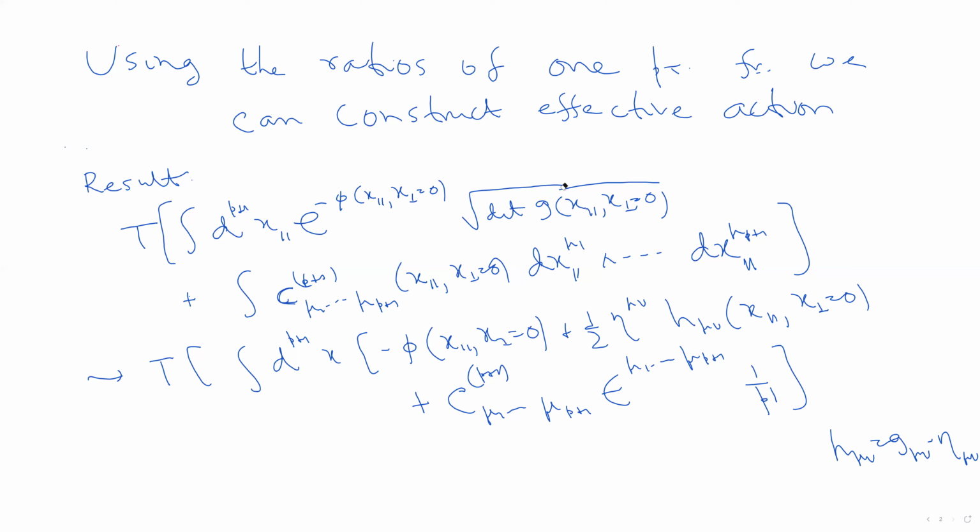Because if you just expand this out, one part of course is just a standard constant. But you will get a minus phi and then half h mu nu from the square root of it. And T is unknown, T is known in terms of T.